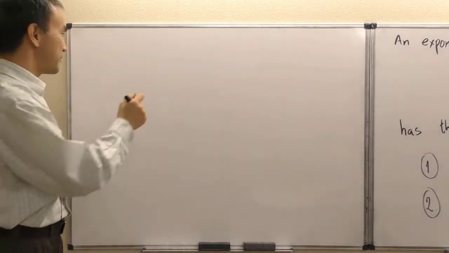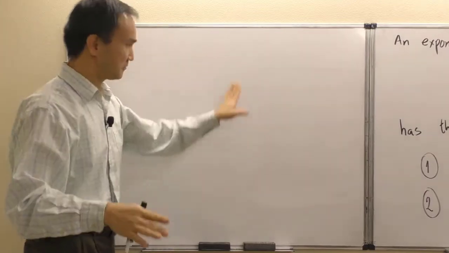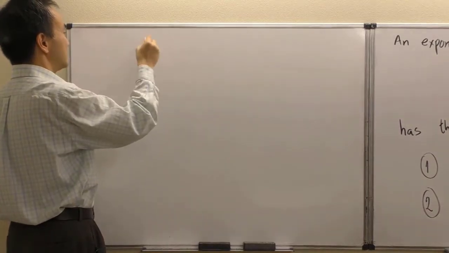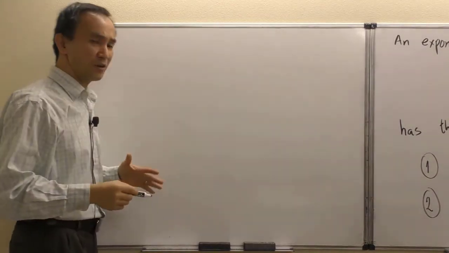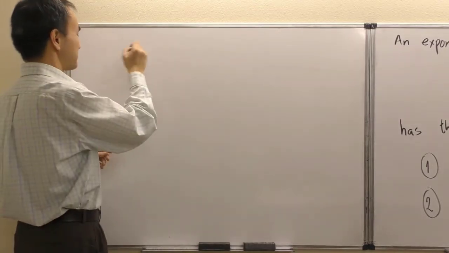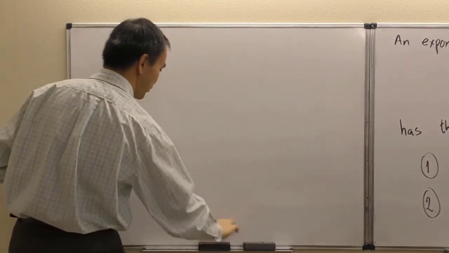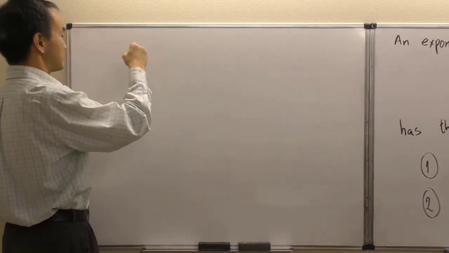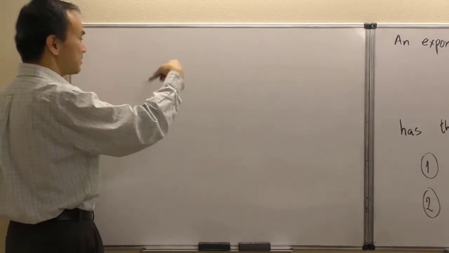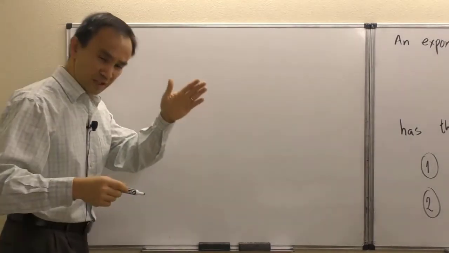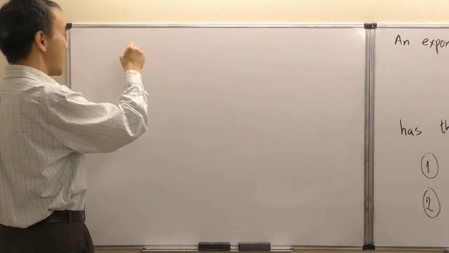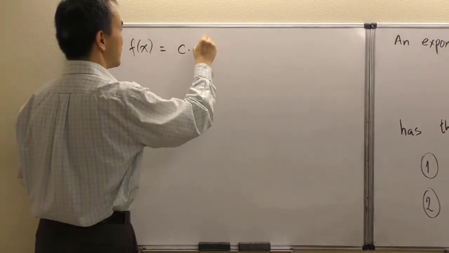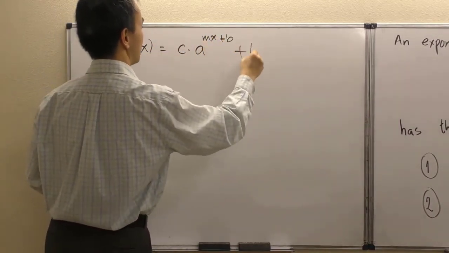From our general understanding that we have just finalized, let's now look at an even more specific case. As far as the general form of an exponential function, we had a lot more: c times a^(mx + b) plus k.